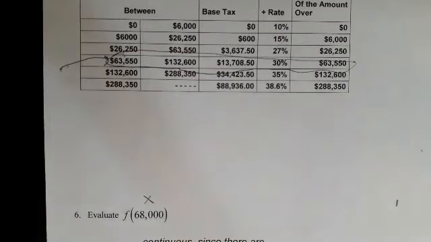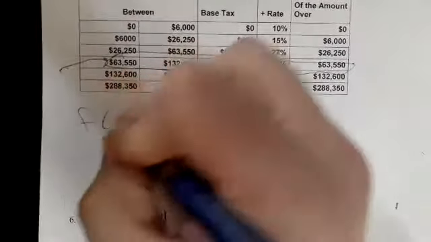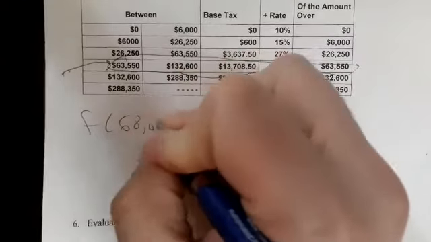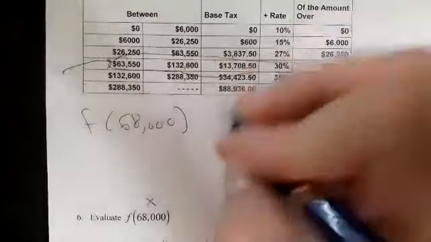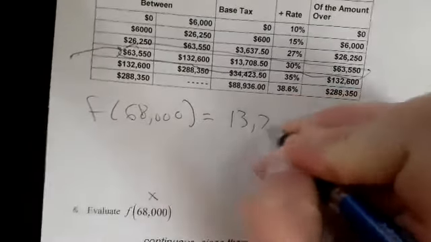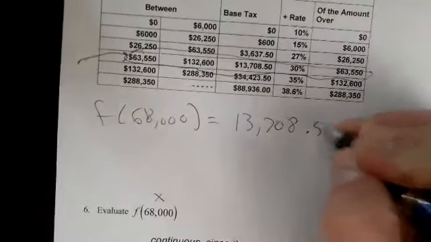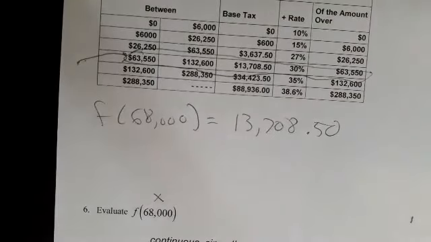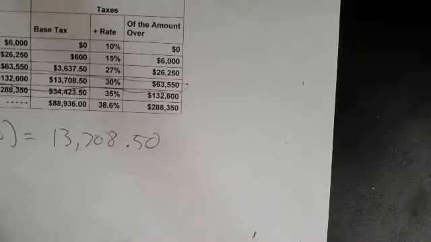We're doing this with a linear function. This is a cumbersome example. So we're going to get taxed. We're going to get a base rate of 13,708.50. So this is a linear function. These are all lines. It is a linear function.